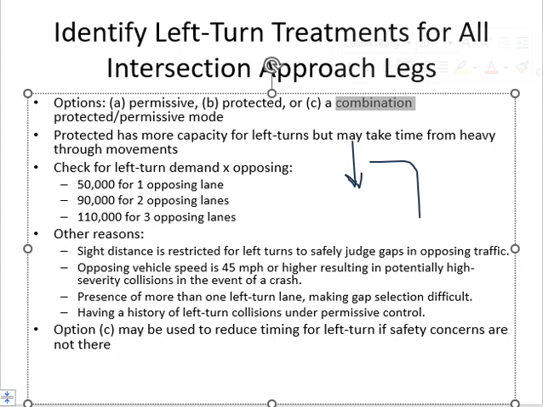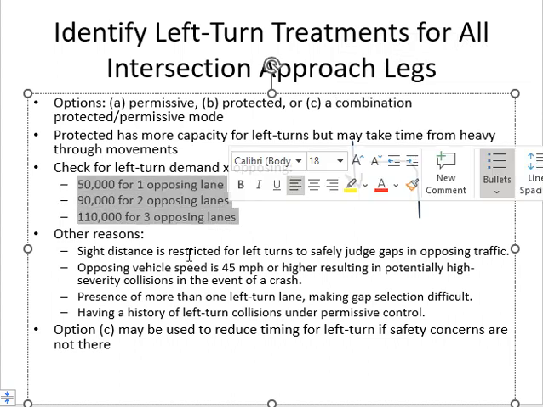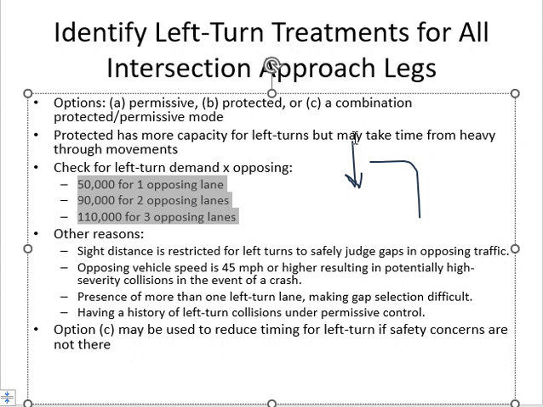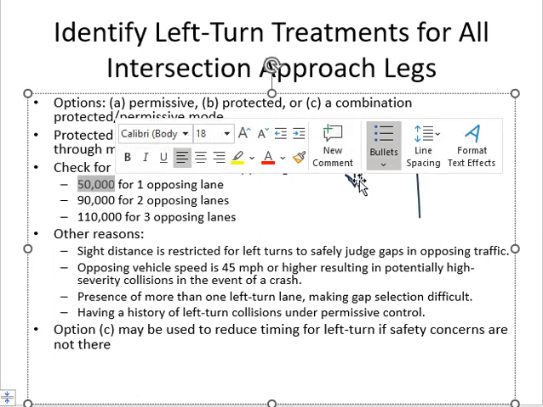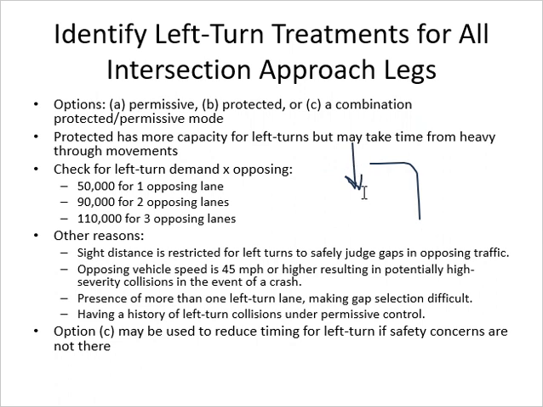Okay, so how do I decide whether left turning should be permissive or protected? It is according to these conditions. Okay, so like I already mentioned, opposing means this one. Okay, so if you multiply the left turning movement volume with this movement volume, so this one multiplied by this volume, if the answer comes out to be more than 50,000, and you have one lane here, the opposing movement is one lane, then we would say make the left turning movement protected.